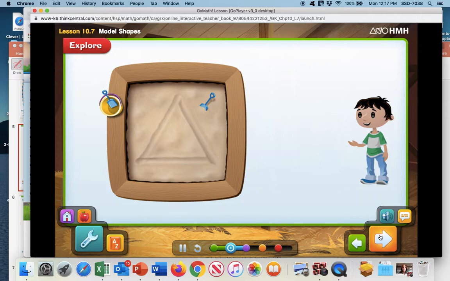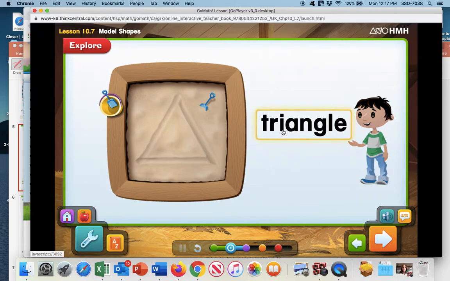Tim wants to model a shape in the sand. Tim can model shapes in the real world by drawing. Click on the shape Tim drew to see its name. This shape is a triangle. Is the triangle flat or solid? Thumbs up flat, thumbs down solid.